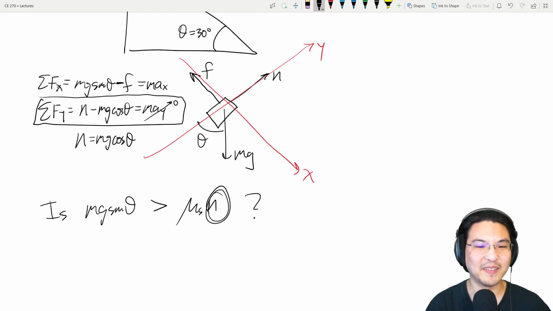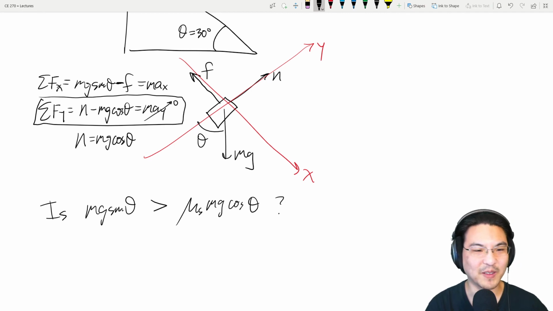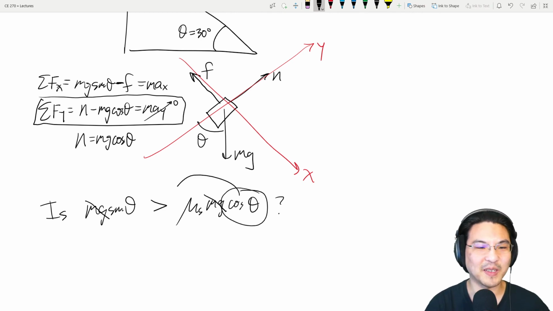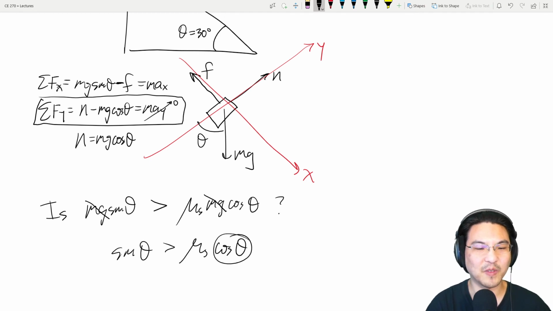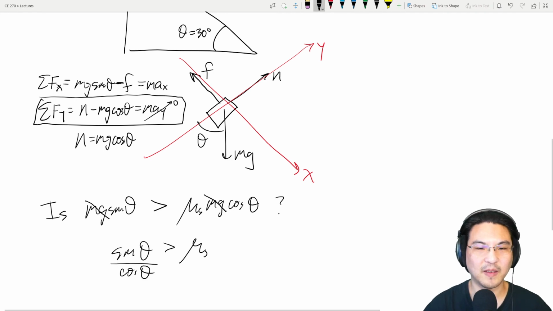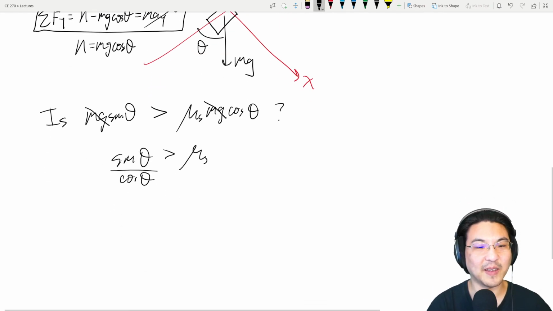So right here, I can just substitute mg cosine theta for N. Then we can simplify this a little bit. mg is non-zero, so I can divide both sides. Why don't I take this cosine and move it over here, like that, and then that's tangent.